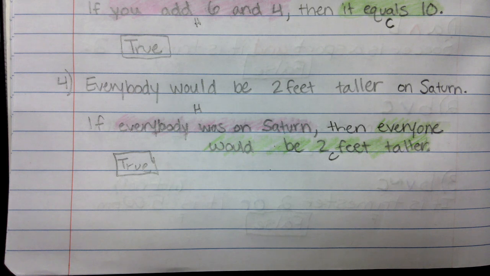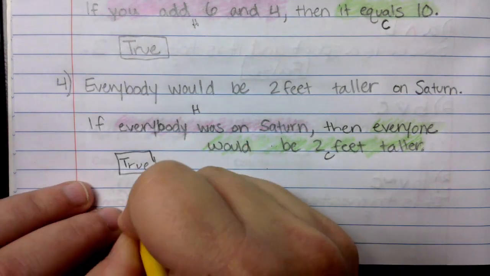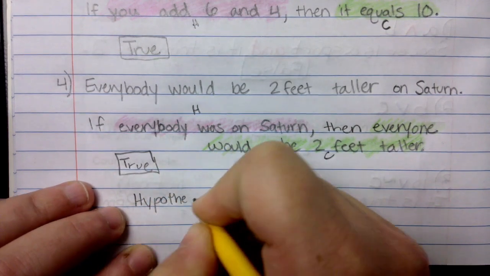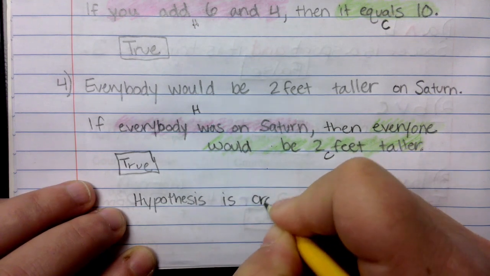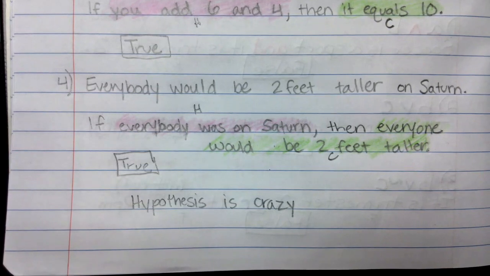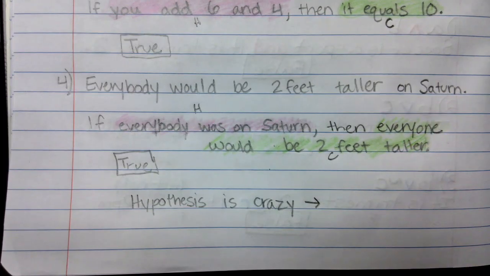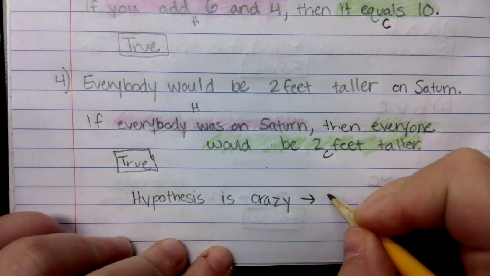Okay, so a little note here is if the hypothesis is crazy, something weird, something that hasn't actually happened, no matter what the conclusion is, as soon as that hypothesis is weird, our answer is going to be true. What that really means is not just the crazy hypothesis, but if you can't find even one counterexample, you have to default to true.